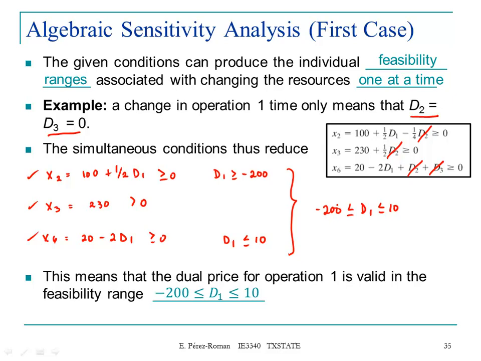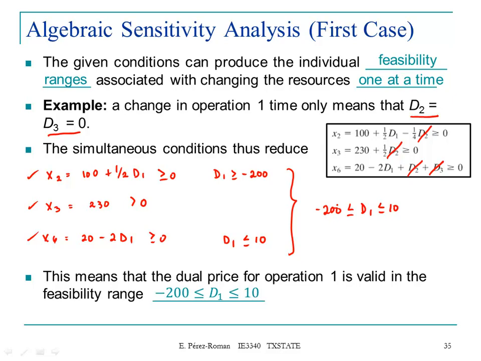So if you go up to 10, you increase the capacity of operation 1 by 10 units, then you will make $10 more. But if you go over, so if you go to 11, you increase the capacity by 11 units, that solution would not be feasible. So the most that you can increase this operation is 10 units. That's what this range is telling you.